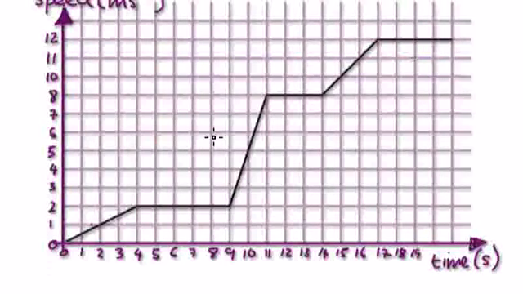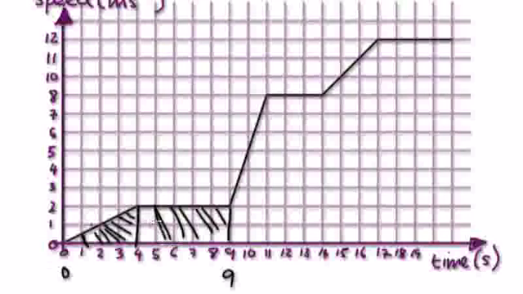And the other thing is, if you want to work out the total distance traveled, let's say between 0 and 9 here, then work out the area underneath this. You would need to work out the area of this plus the area of this, which I will show you in the next video.